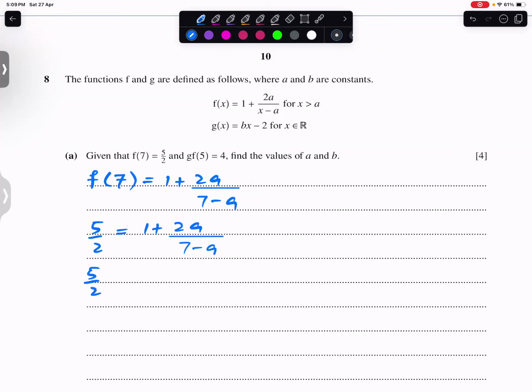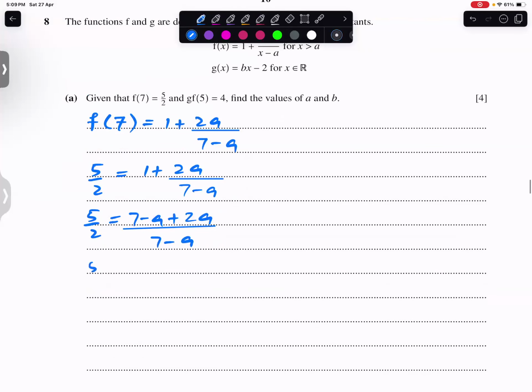So let's take its LCM: 7 minus a plus 2a over 7 minus a. So 5 over 2 is equal to 7 plus a over 7 minus a.